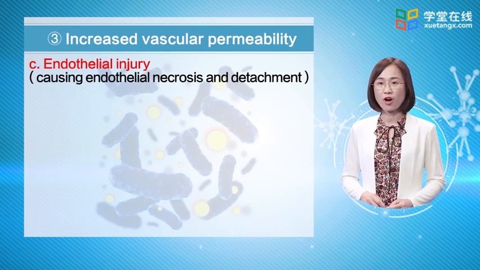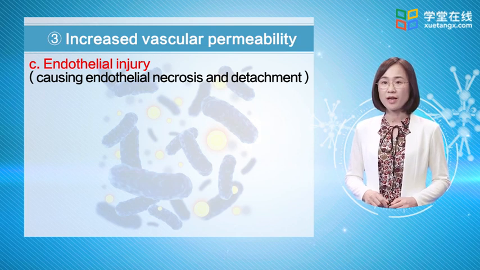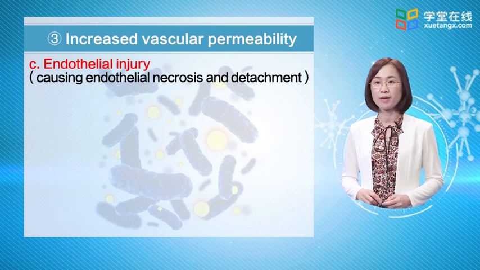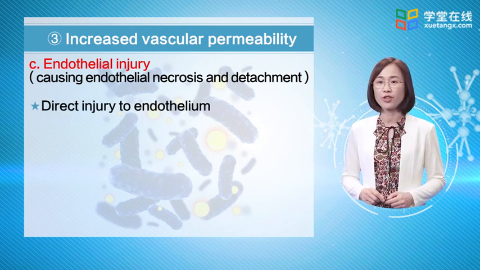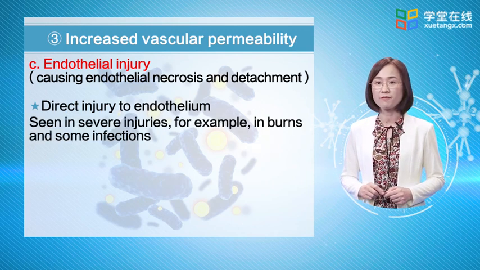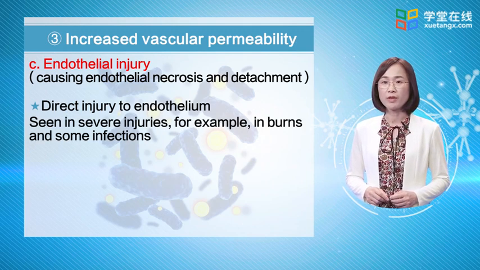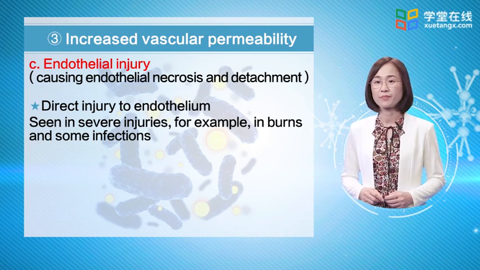Endothelial injury causes endothelial cell necrosis and detachment, further exacerbating vascular permeability and subsequently vascular leakage. Direct damage to the endothelium is encountered in severe injuries, for example, in burns and some infections.